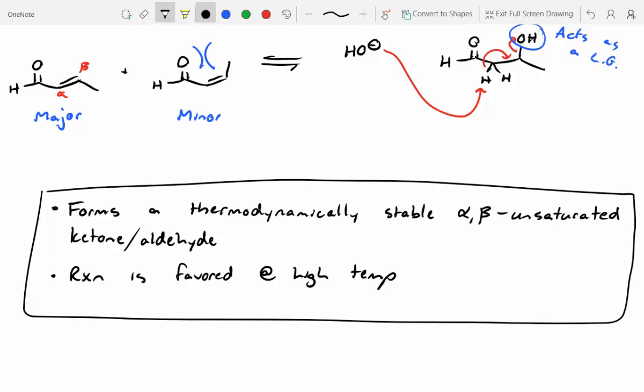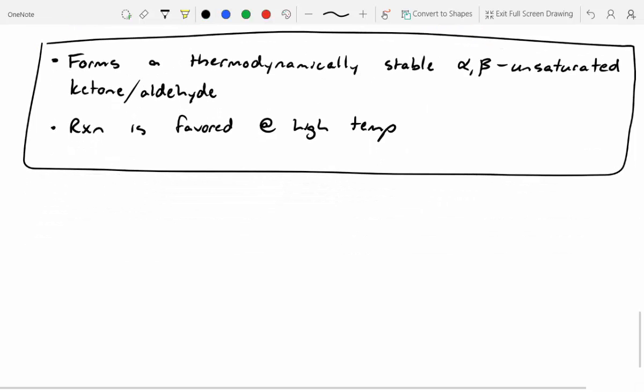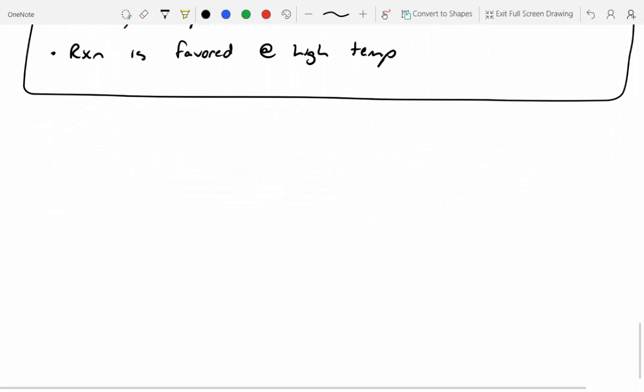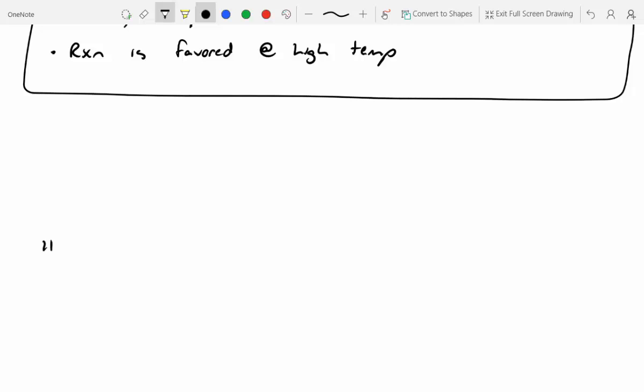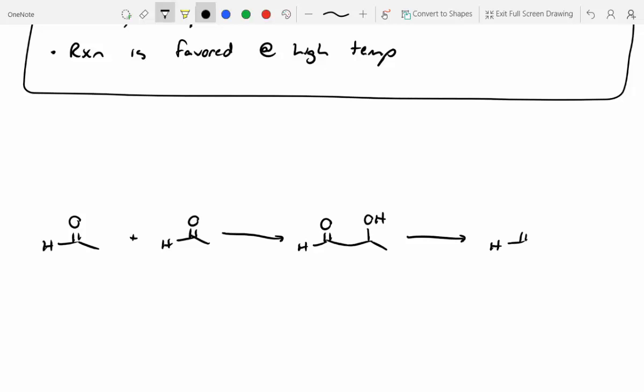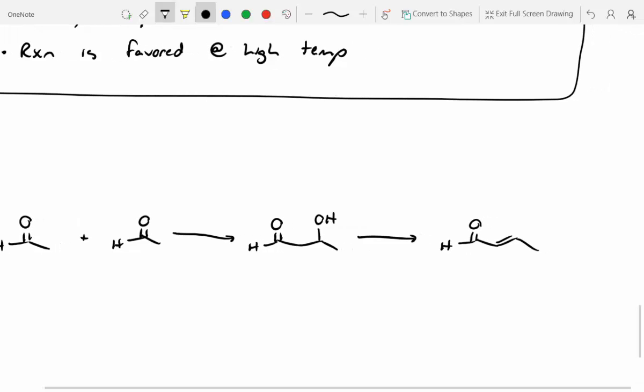Pretty useful reaction, but let's make a little chart because these are closely related to one another. So we said if we've got this aldehyde and we react it with itself, we can go to our beta hydroxy aldehyde, or we can heat this up and we can get to our alpha beta unsaturated ketone plus water.